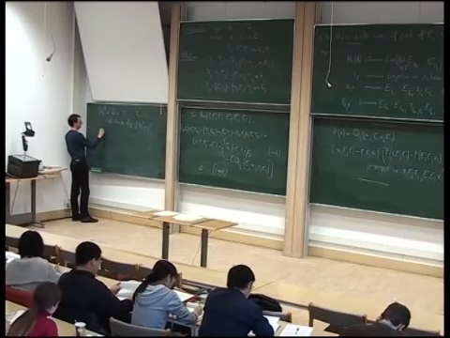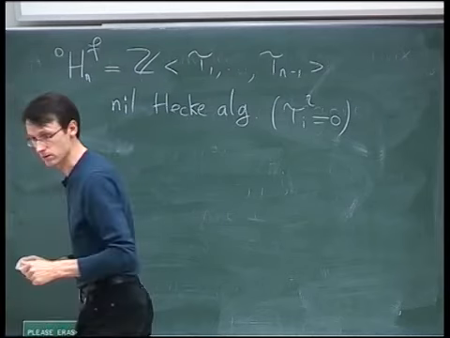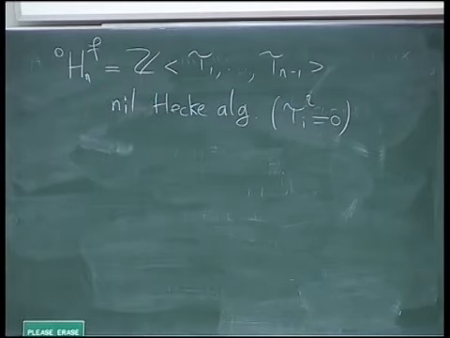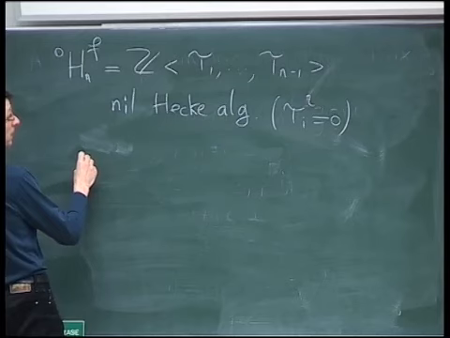It has a basis. Sorry, no, I don't need the basis here. Do I? Yeah, probably I need the basis now. So it has a basis parameterized by elements of the symmetric group.